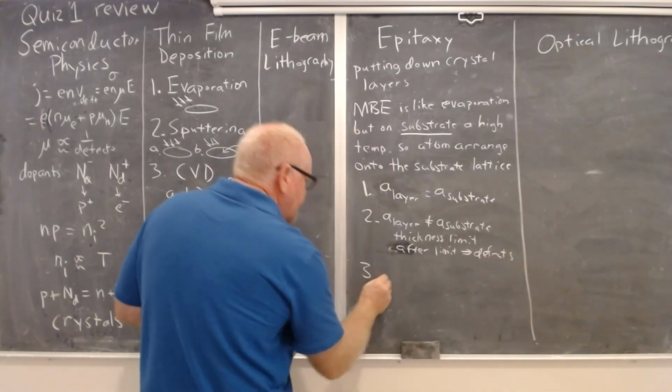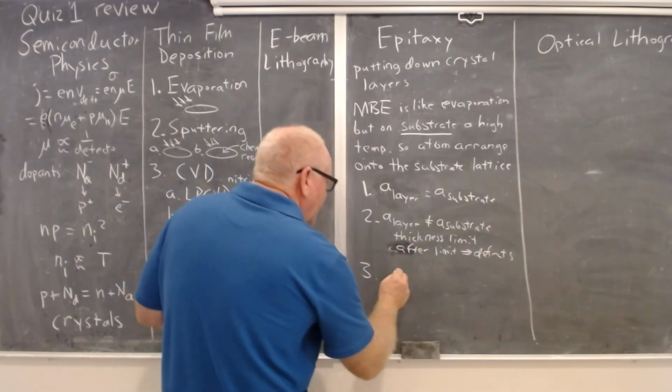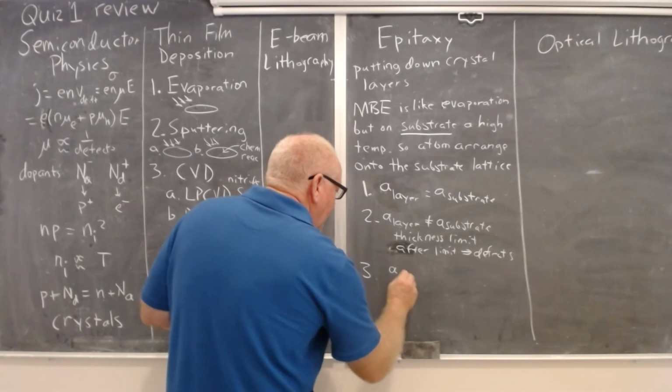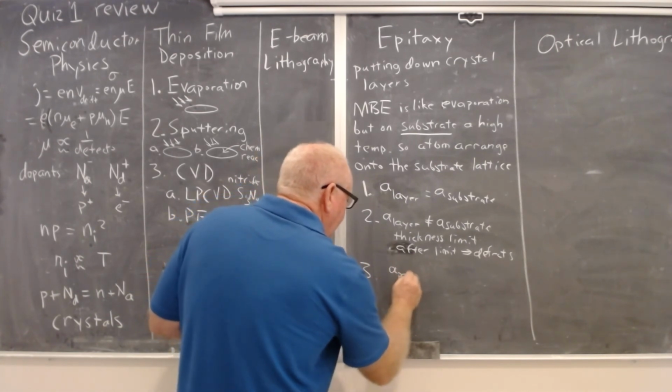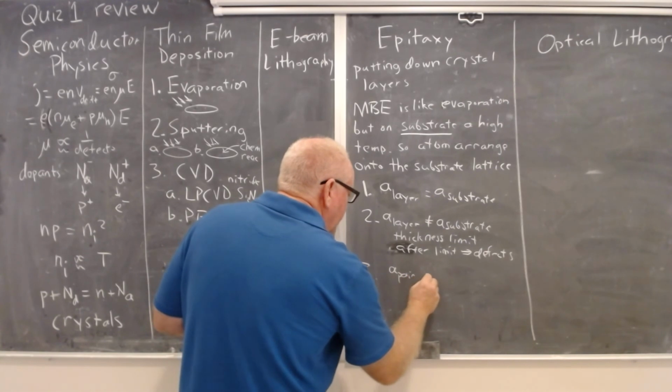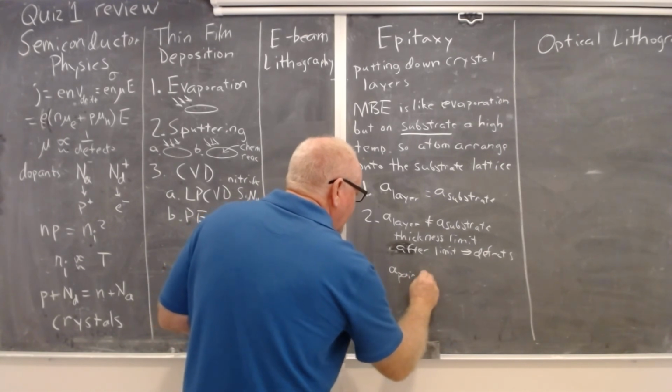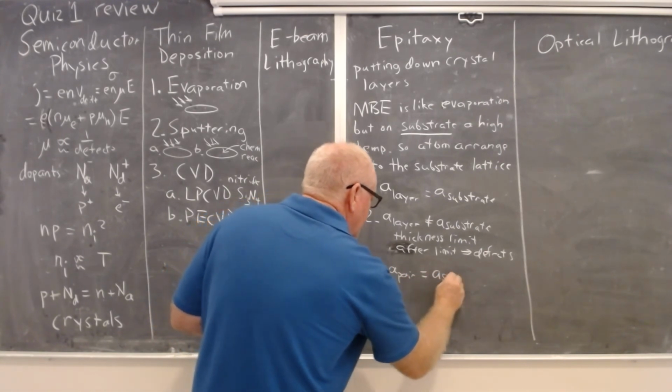All right, and then there's three. There's where A of a pair is equal to A substrate.